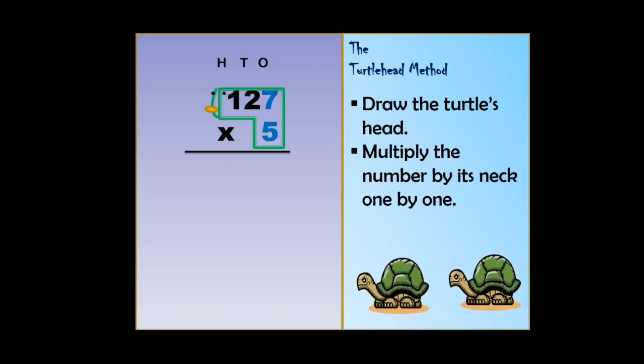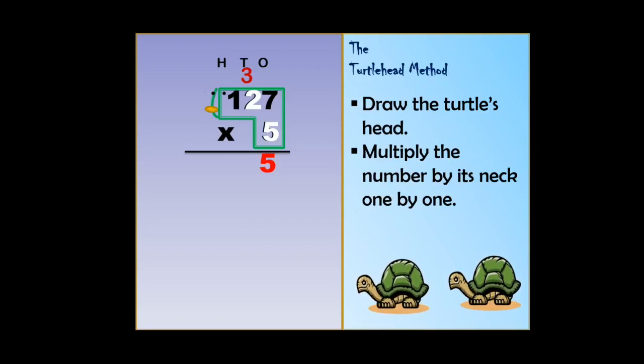So the first is 5 into 7. So we all know 5 into 7 is 35. So 3 gets carried on and 5 is written under the 1's place. Now we'll be multiplying the other number on its neck, that is 2 into 5.